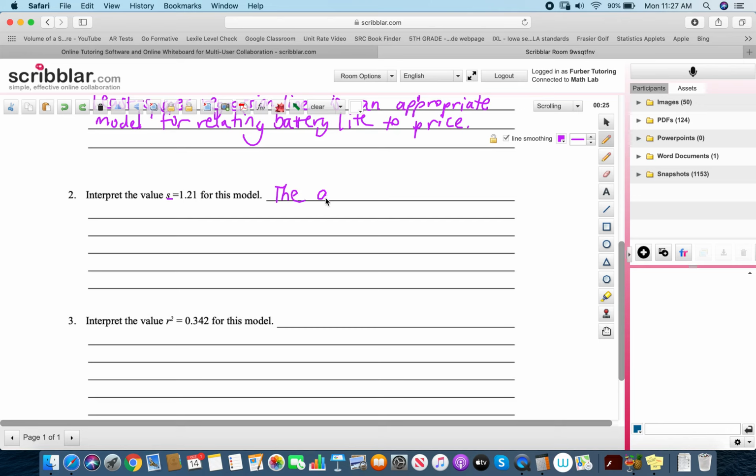So we would say the actual battery life of a tablet is about 1.21 hours away from its predicted battery life.